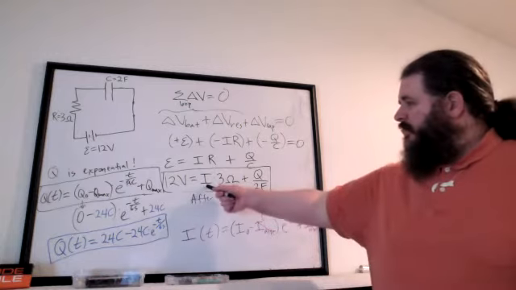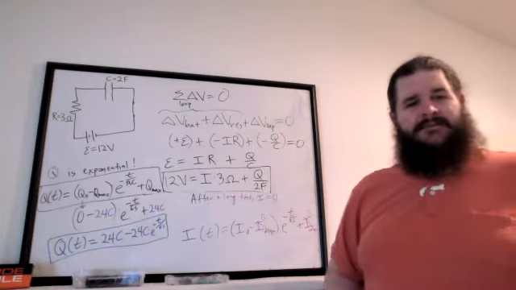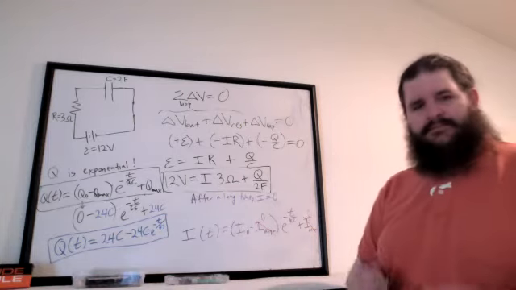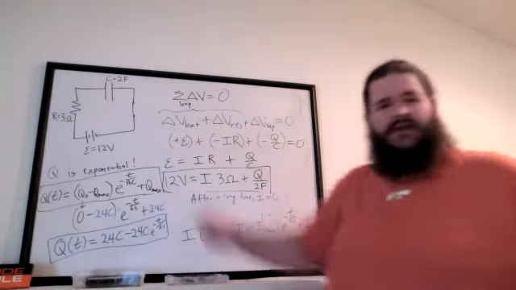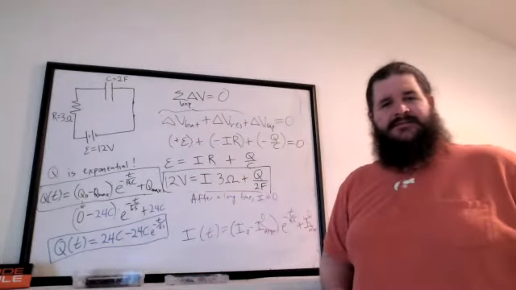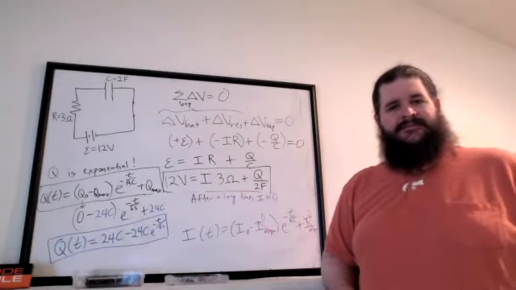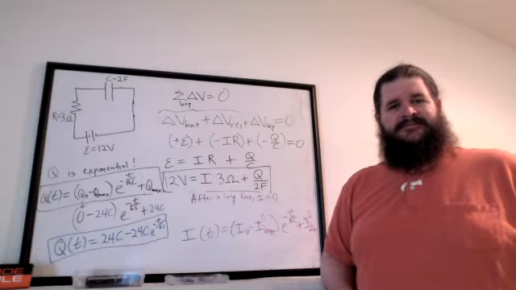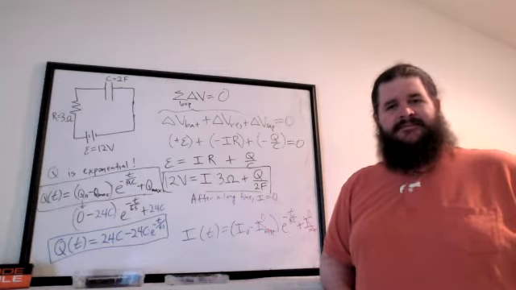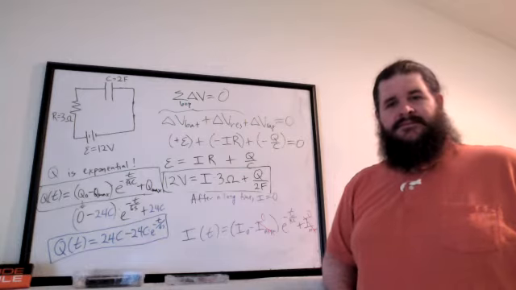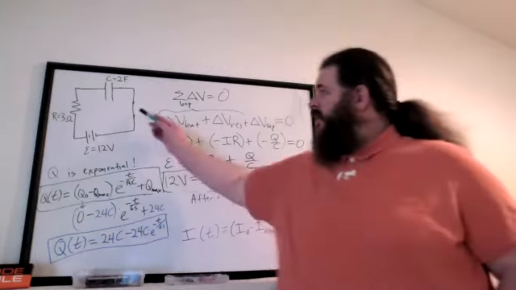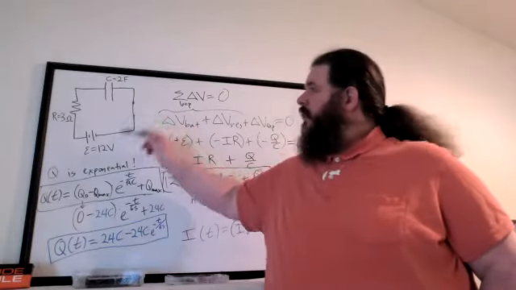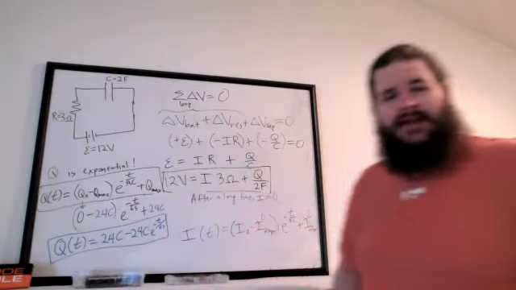So how do we figure out what the current is at the very beginning? Like the instant we flip the switch, how do we figure out what the current is? Yeah, we can set the charge equal to 0 because we know that at the very beginning, the instant we flip the switch, we were assuming the capacitor started off empty.